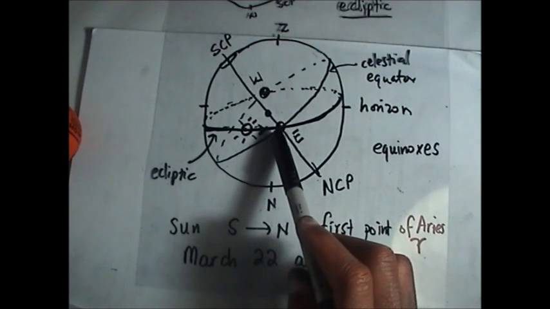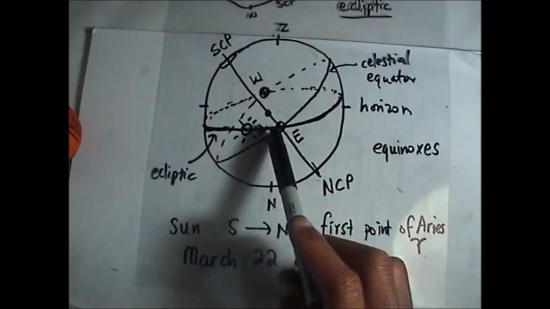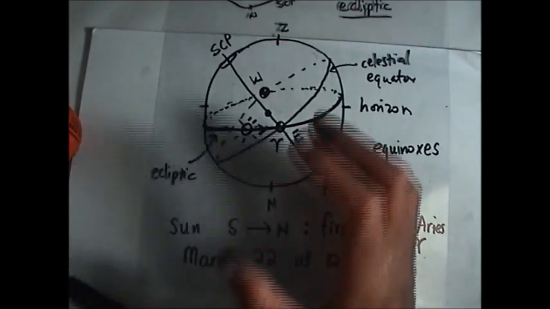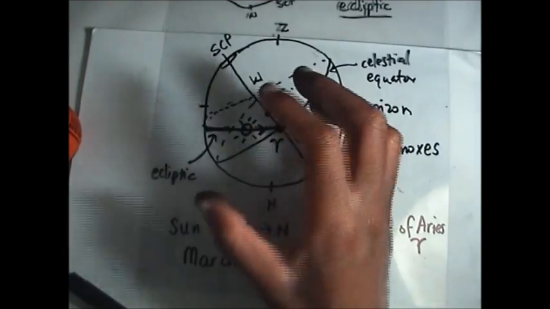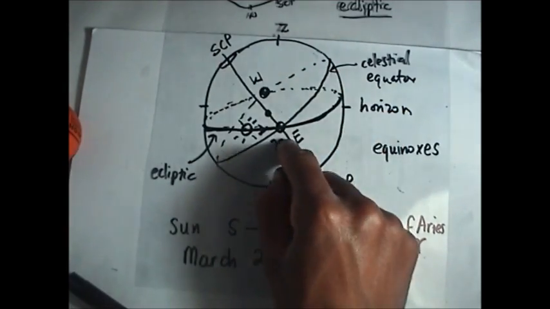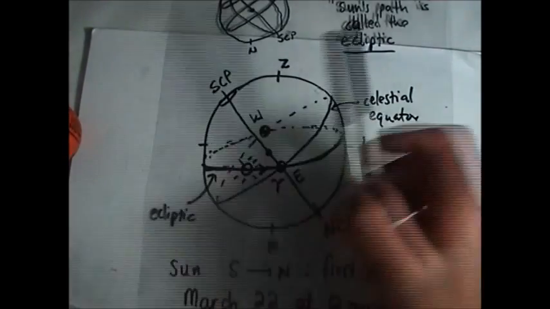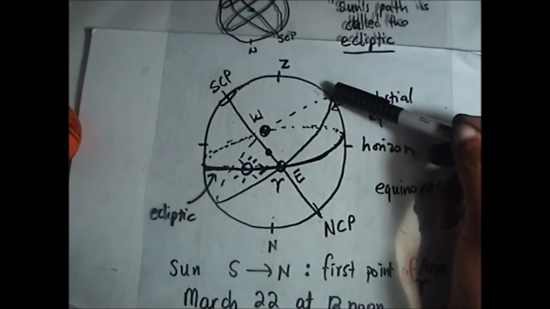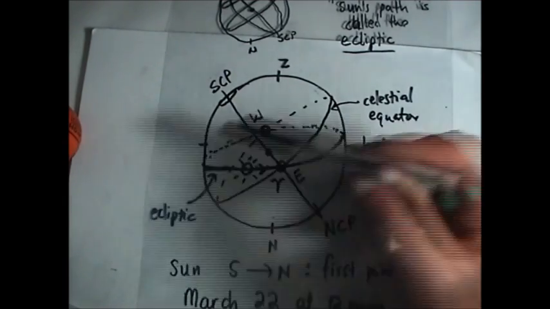The first point of Aries is fixed in the sky and takes part in daily rotation, because as we rotate the celestial sphere, this part also rotates with the celestial sphere. It's unlike the way we are measuring our angle from the fixed origin. This one rotates with the celestial sphere.